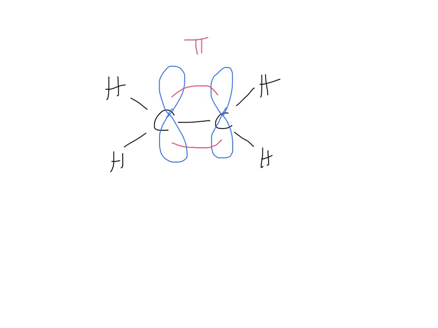So ethylene has a double bond. Actually, these are all sigma, but the double bond consists of 1 sigma and 1 pi. All right.